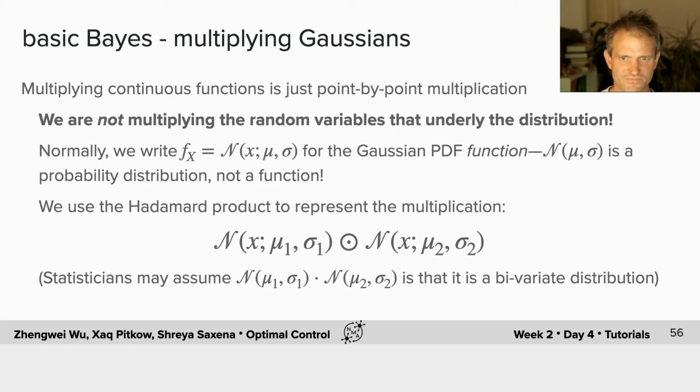So this is just a notational thing, but you have to remember you're not multiplying the underlying Gaussian variables. We're going to use the Hadamard product to represent the multiplication. That is to say, you're basically doing pointwise multiplication, and this can be extended to matrices if you have multidimensional Gaussians. Statisticians may assume when you show a PDF multiplied by a PDF that it's a bivariate distribution.